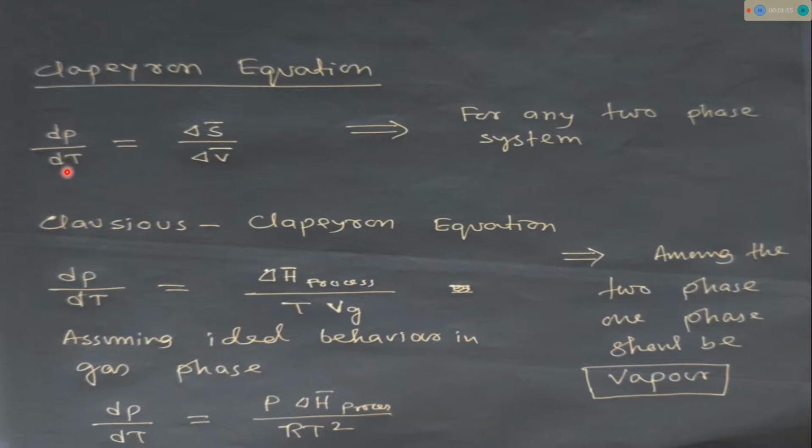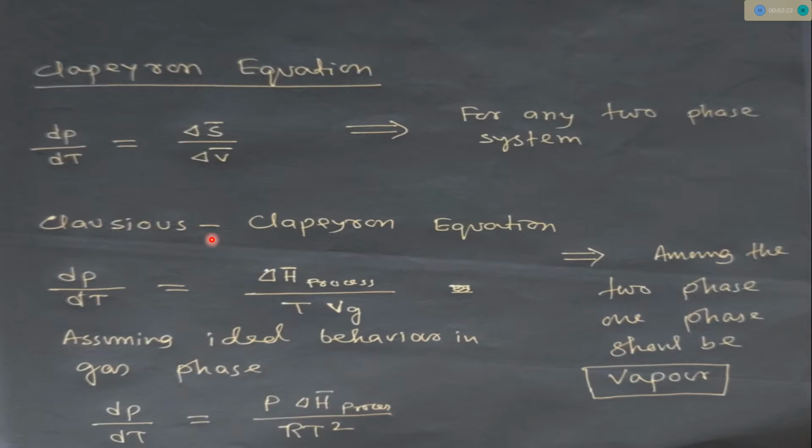This is the Clapeyron equation, and this equation is applicable for any two-phase system, whether it is liquid-solid, solid-gas, or liquid-gas.